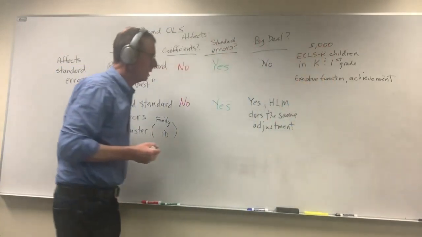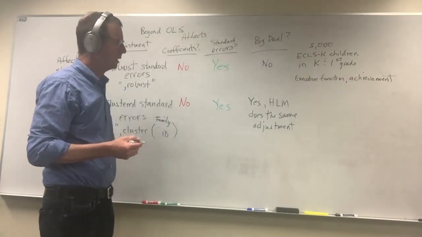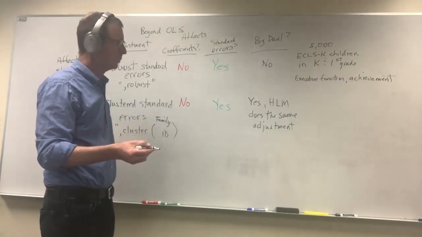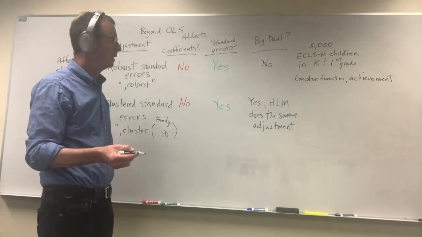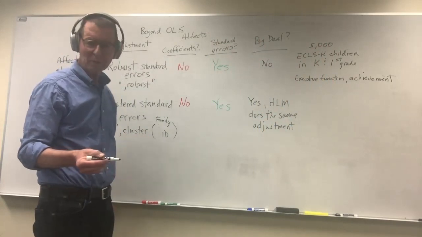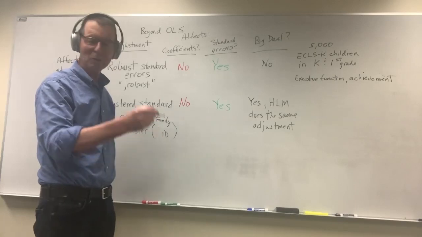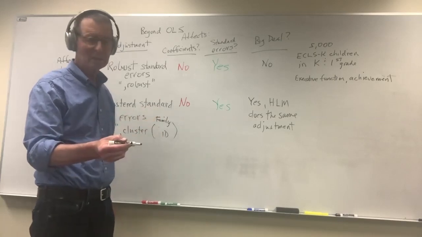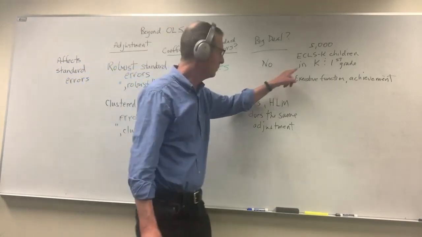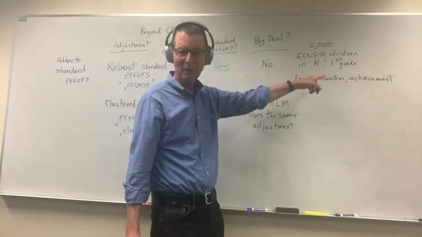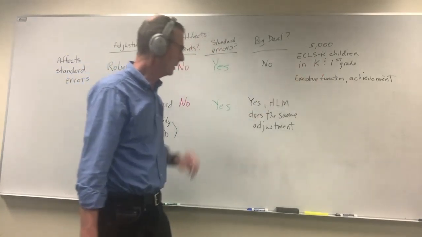Now, if you just want to estimate a cross-sectional relationship, you've got 10,000 kids with observations on executive function and achievement in the same year, right? You've got 5,000 kids in kindergarten, and you've got those same 5,000 kids in first grade.